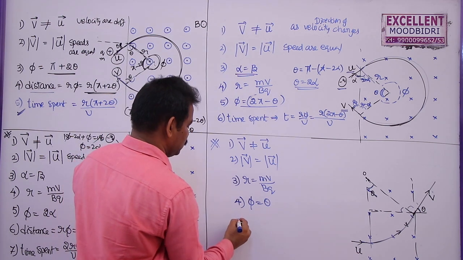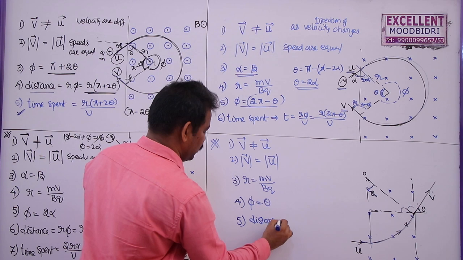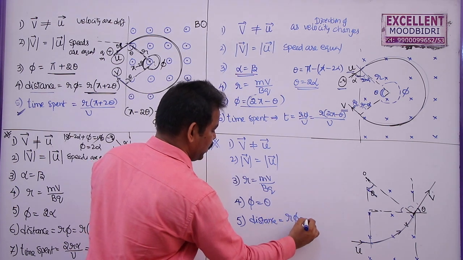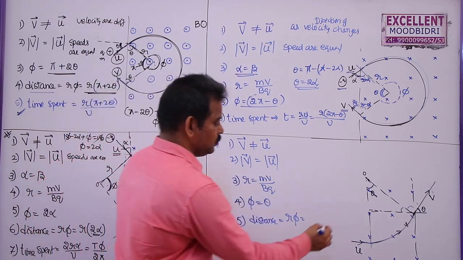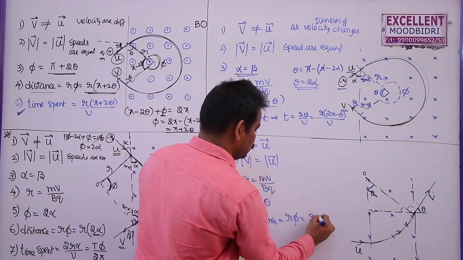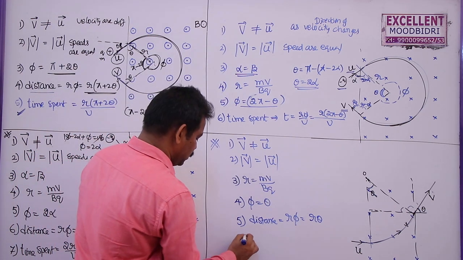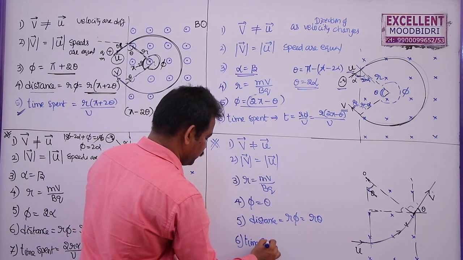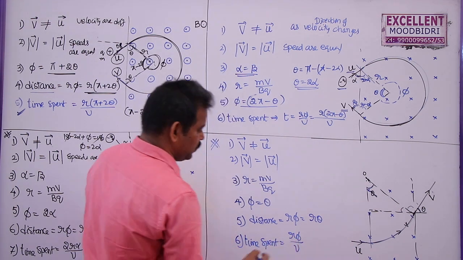Then the fifth one is distance travelled. Distance travelled is given by r into phi. R is equal to mv by bq into phi. So this phi is nothing but theta, which is also equal to r theta here. Now after that, time spent is given by r phi by speed v.